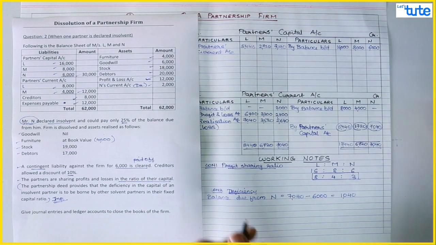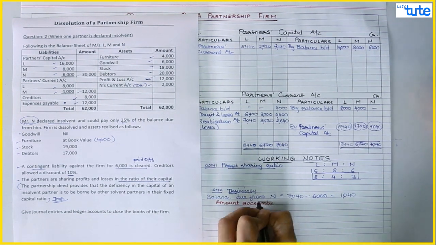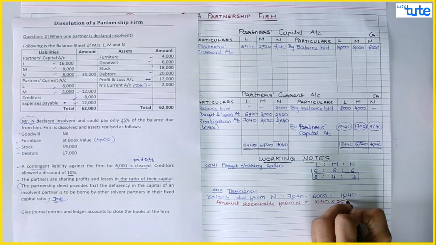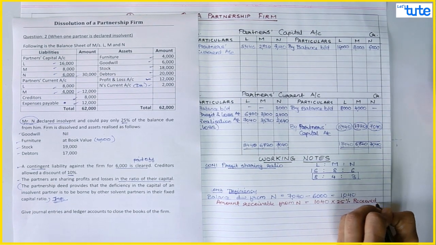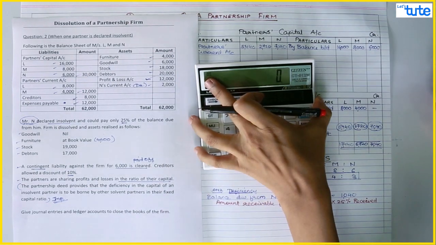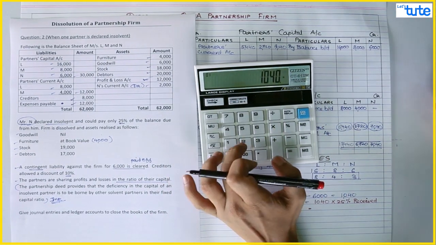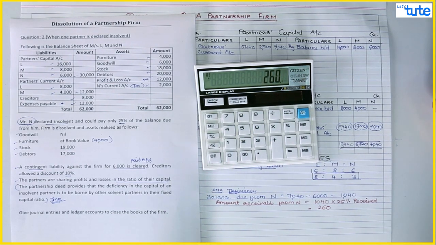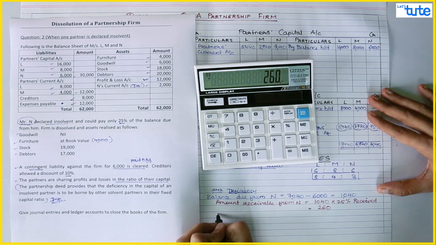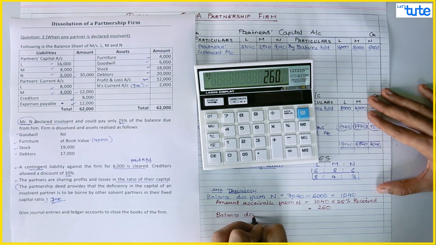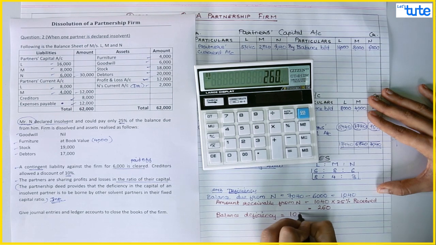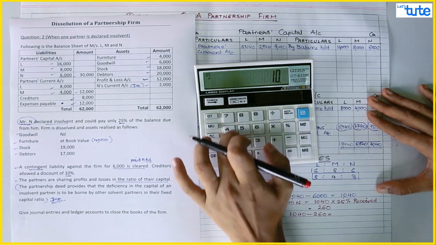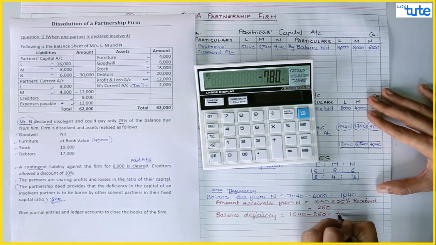So now we can say amount receivable from N is 1040, out of which 25% is received. So that comes to 1040 into 25%. So partner N could pay only 260 and balance left, or we can say balance is deficiency. 1040 was receivable, out of which 260 received. So 1040 minus 260, that is 780.